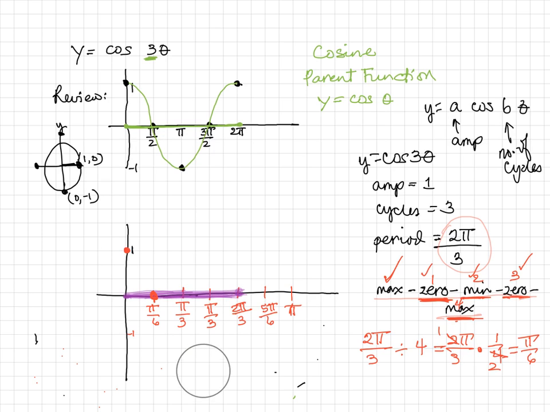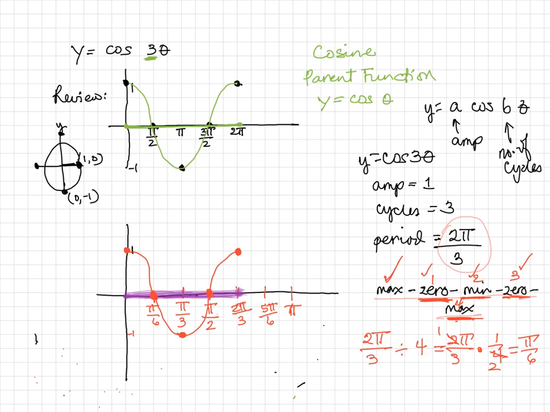Again, maximum, 0, and then minimum will be over here, and then 0, and then maximum at 2 pi over 3. So you see, one cycle is completed by 2 pi over 3.